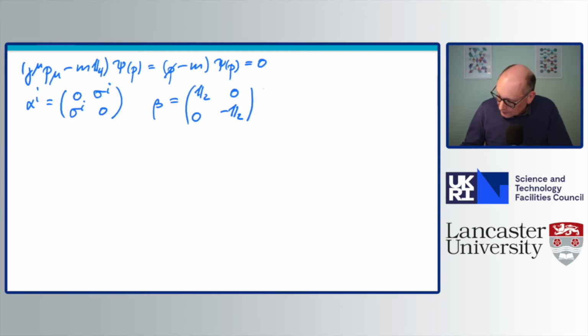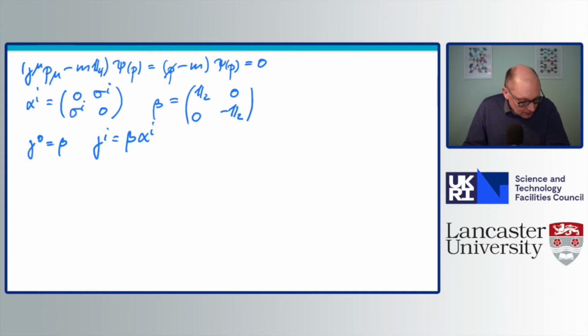This is the Dirac representation of the gamma matrices, where gamma^0 is equal to beta, and gamma^i is beta alpha_i. Now sigma_i here are the Pauli matrices that I will discuss shortly, but for now just think of them as 2 by 2 matrices called the Pauli matrices.